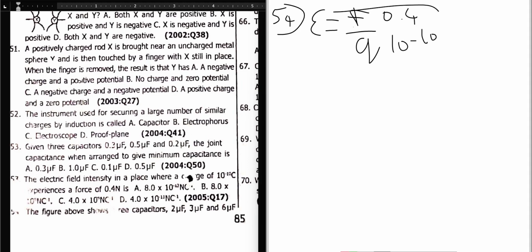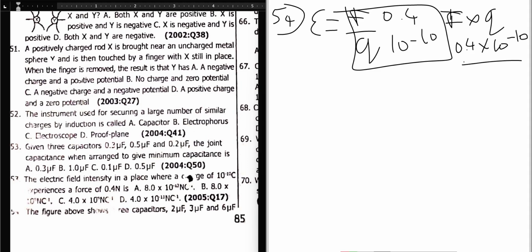So for this case, what we're going to do is F times Q because of the indices. So what you'll be solving will be 0.4 times 10 to the minus 10. That's what you are solving. So solve that, get your answer, and get on with it.